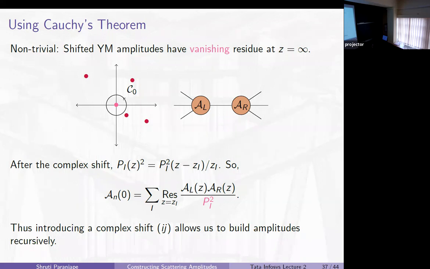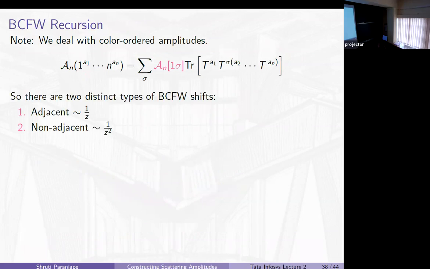Note that this sum over diagrams is very dependent on which I and J I choose. In Yang-Mills, in a four-point amplitude, you need them to sit on opposite sides.